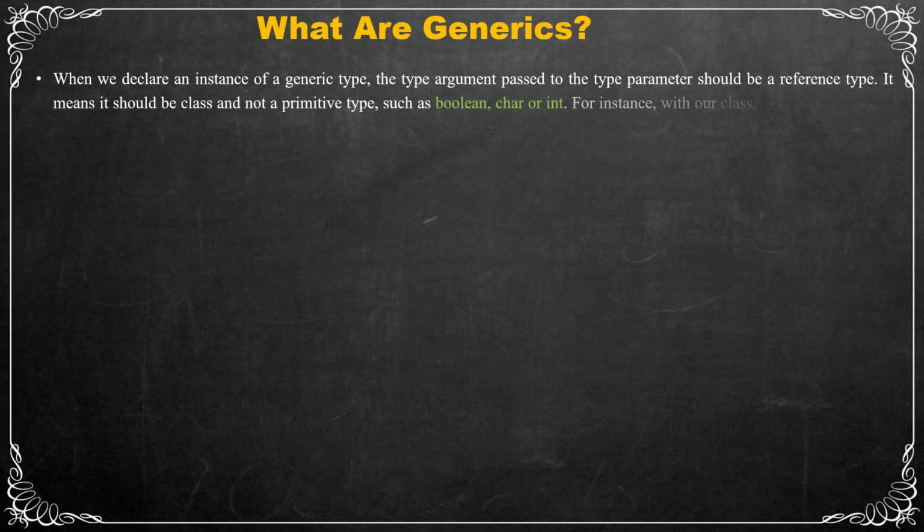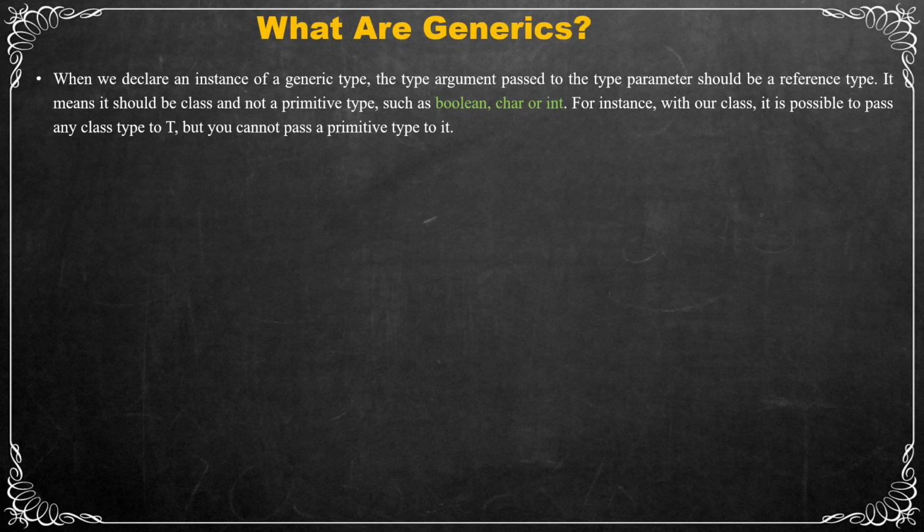When we declare an instance of a generic type, the type argument passed to the type parameter should be a reference type. It means it should be a class and not a primitive type, such as boolean, char, or int. For instance, with our class, it is possible to pass any class type to T, but you cannot pass a primitive type to it.